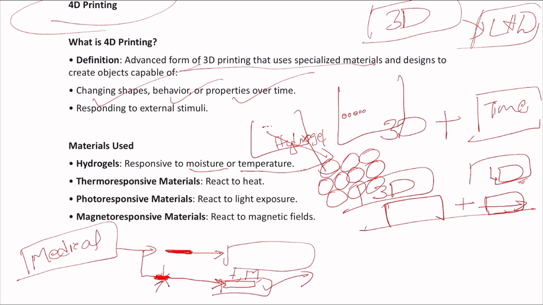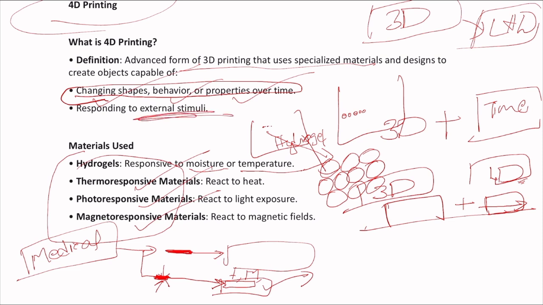So it's nothing but you will use these materials like thermoresponsive, photoresponsive, magnetoresponsive, or hydrogels, where they are capable of changing their shapes, behavior, or properties over time. So they will respond to the external stimuli and they'll change.